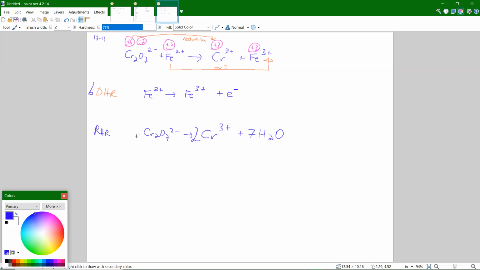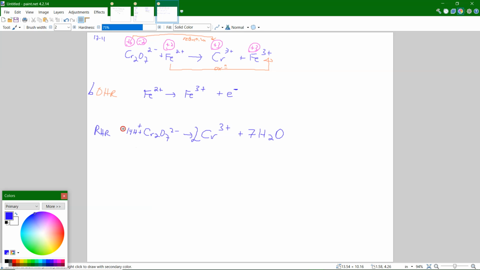I can't put them on the left-hand side because then I'd have 14 oxygens on the left-hand side. So I put 7 H2Os on the right, and that's all special, so we're happy about that. But now we've introduced hydrogen, 14 of them, so I've got to put 14 H+ on the left-hand side. You don't put H's, you put H pluses. Okay, it's the acidic environment.